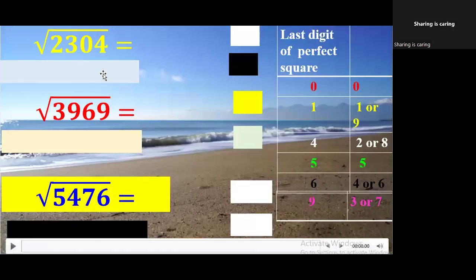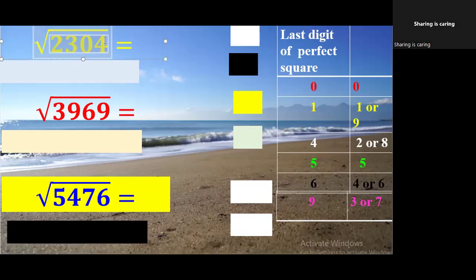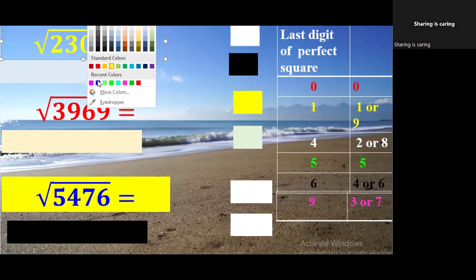So the first step, we need to identify the last digit. The last digit here is 4. I will use a different color so you can identify it easily, guys.